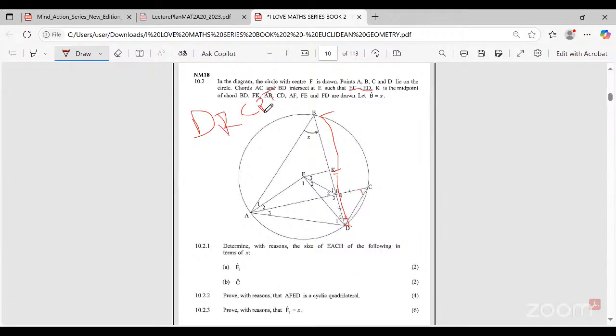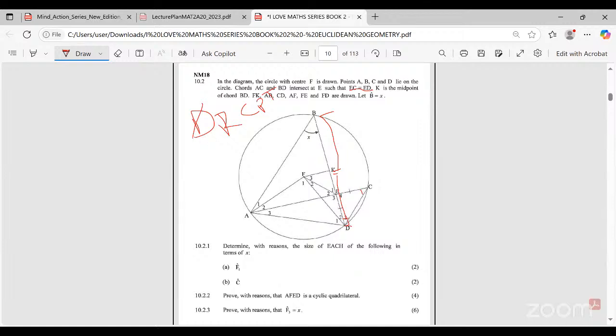DRCPT. Is there a diameter to this circle? No, sir. Therefore, we are not going to have that 90 degrees angle in a semicircle. Is there any radius on this circle? Yes, sir.